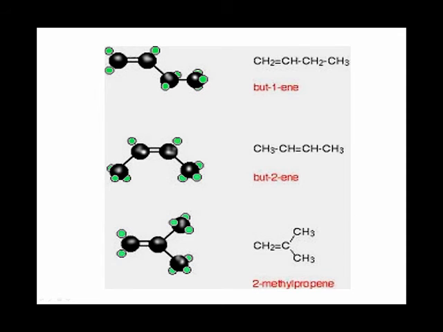Here are some more isomers. If you look carefully, you can see that each one has the same formula but a different setup, and therefore it is a different kind of compound, a different arrangement of atoms.